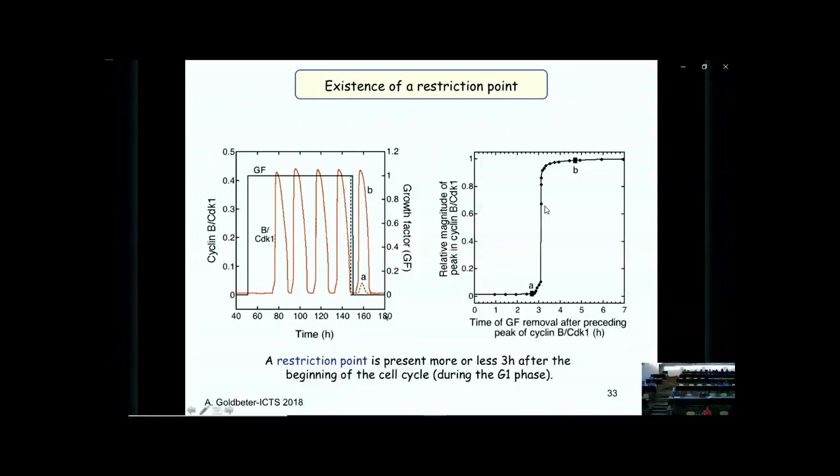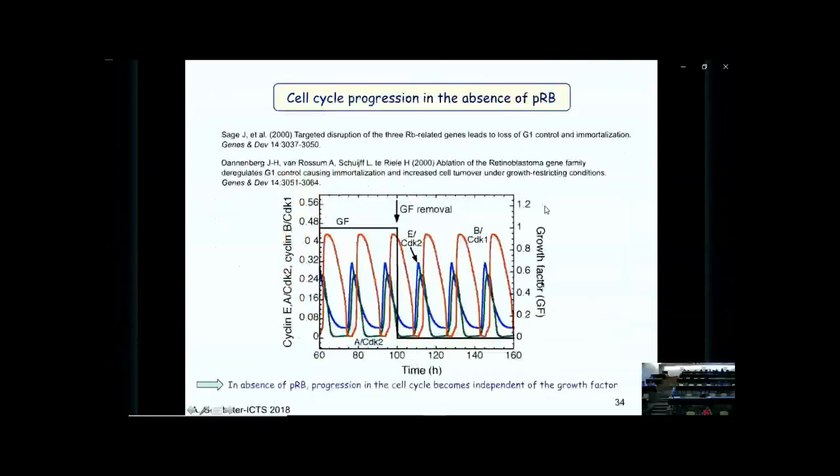And in the model, we can show that if we remove the growth factor after a peak of CDK1, we have to wait a certain time, and after that time, the cell will continue to proceed without growth factor. So this threshold corresponds to the restriction point.